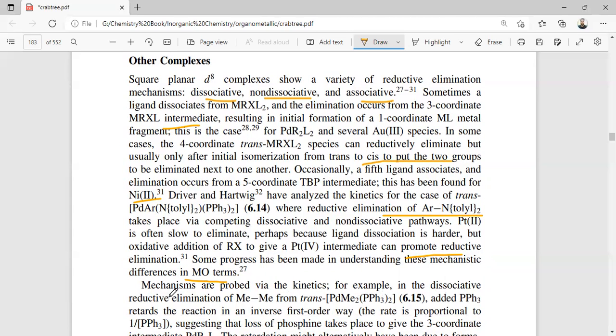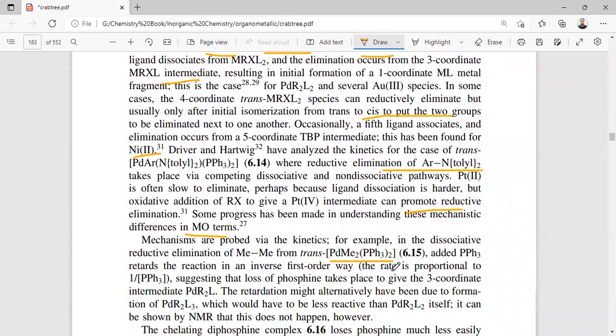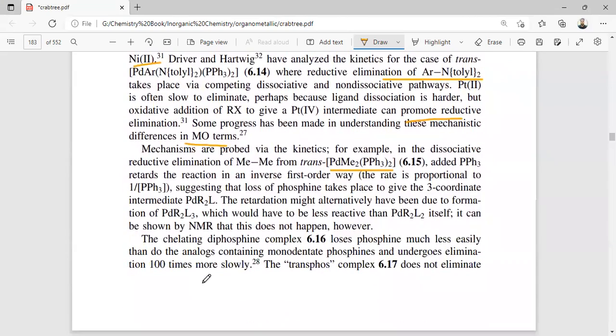For example, in the dissociative reductive elimination of Me2 from trans palladium Me2(PPh3)2, added PPh3 retards the reaction in inverse first order, suggesting the loss of the phosphine to give the 3-coordinated intermediate. The retardation may alternatively be due to the formation of palladium R2L3, which would be less reactive than palladium R2L2 itself; this can be shown by NMR.